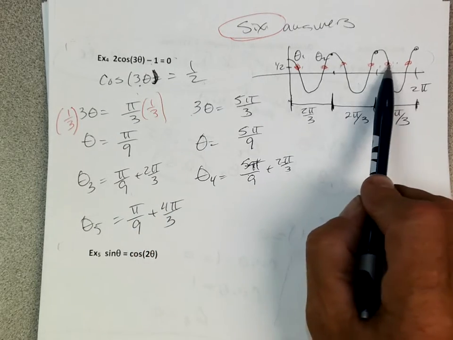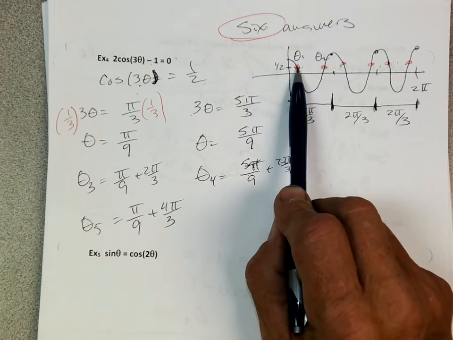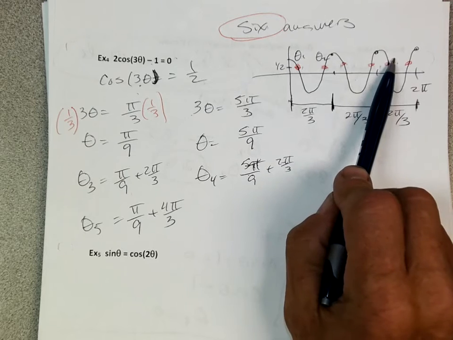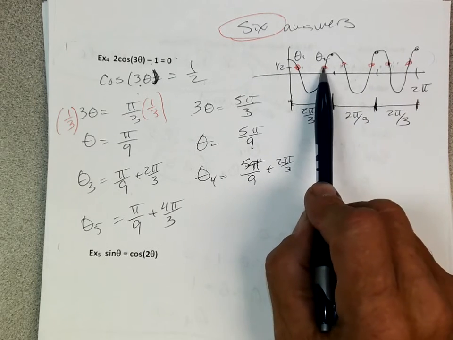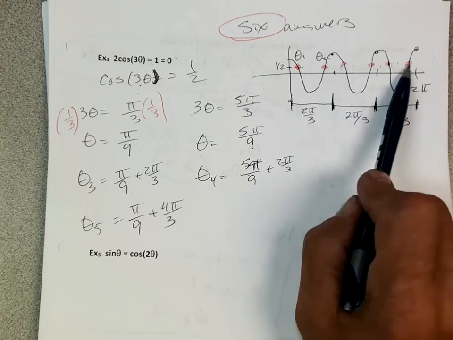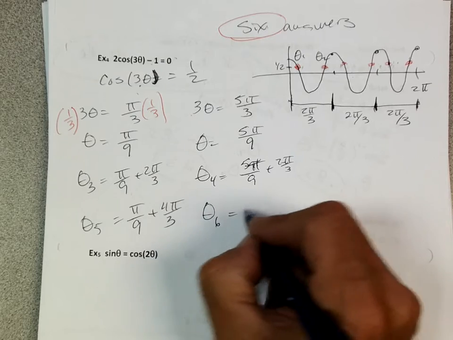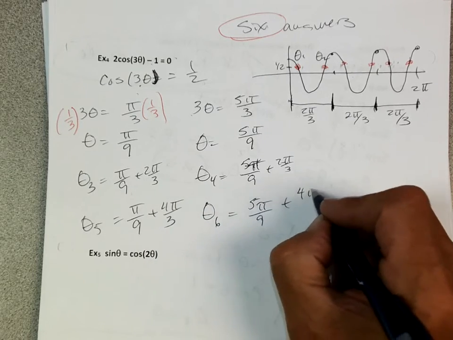This angle here has the exact same reference angle as this one, except it's 4 pi thirds away. This angle right here comes from theta 2: add 2 pi thirds, add another 2 pi thirds. So theta 6 is my 5 pi ninths plus 4 pi thirds.